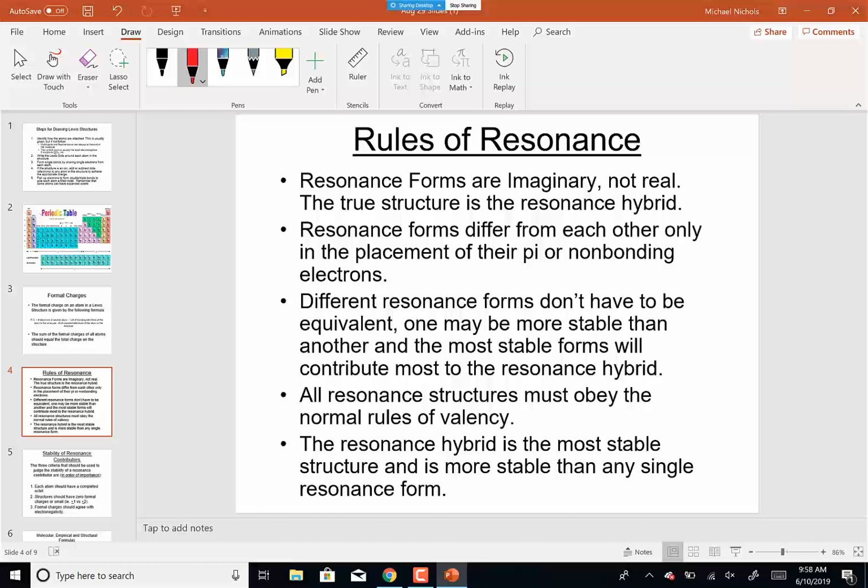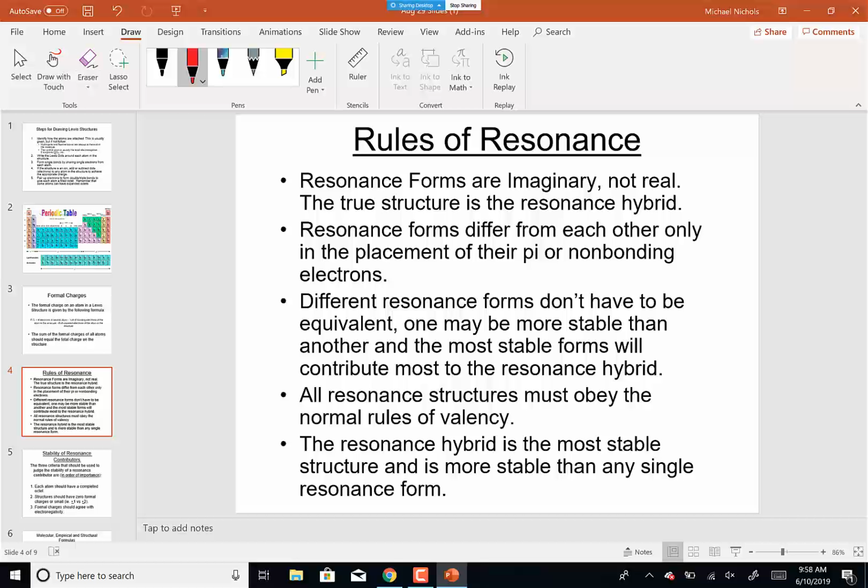All resonance structures must obey the normal rules of valency. That is important. A resonance structure cannot have an expanded octet if that atom cannot have an expanded octet. So you can't break the rules of valency when you're drawing different resonance structures. And so let's go back to the idea of number 1 here.